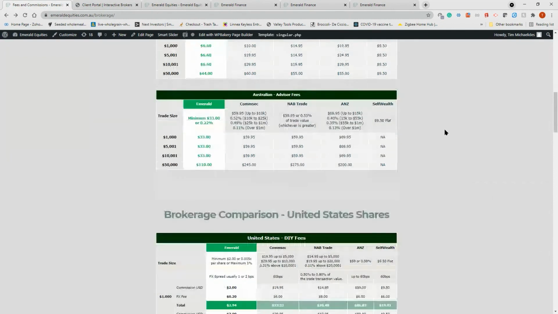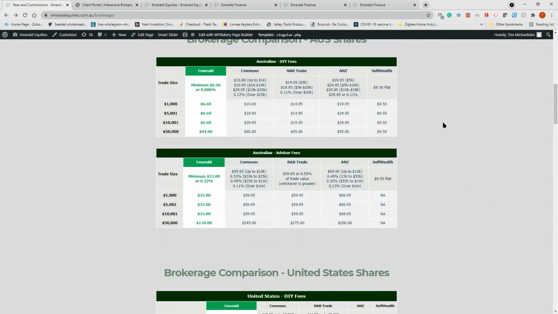And if you have a look at the advisor model here, what we do is we place the trades for you. It's probably the best way of explaining it. Shoot an email across, shoot me a message on Skype, or put a message in the message box attached to our website, and we'll place the market order for you.